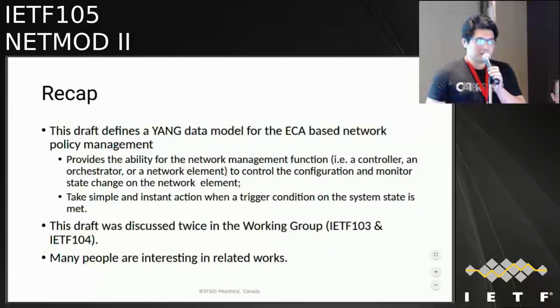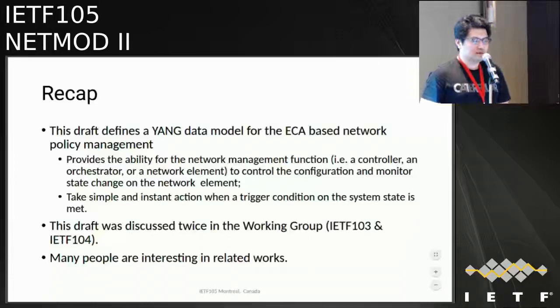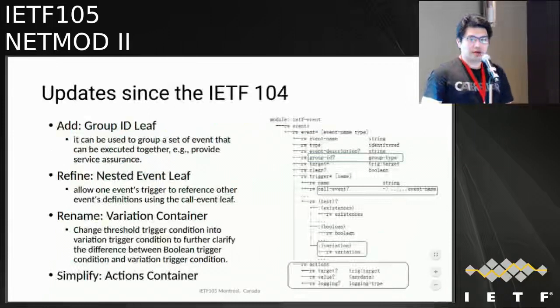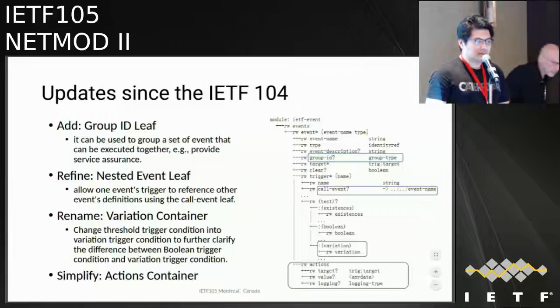This document has been discussed twice in the working group, and it seems many people are interested in related work. So we updated the document, and in this version, we add a new leaf, a group ID. It can be used to group a set of events that can be executed together to perform some specific task, for example, to provide service assurance.